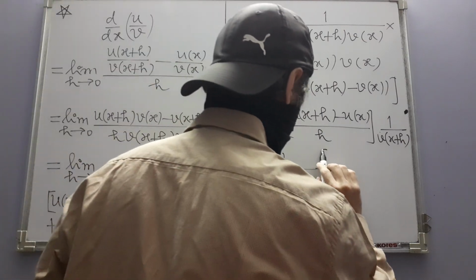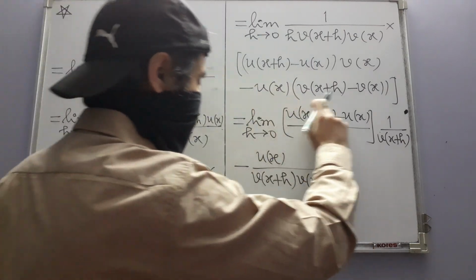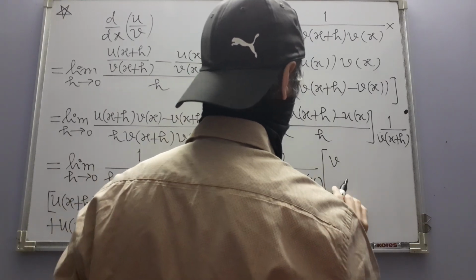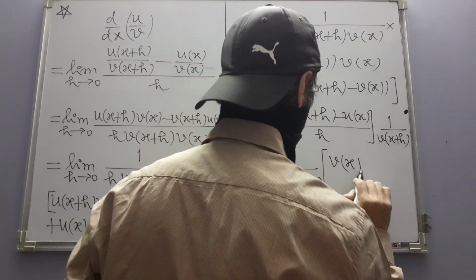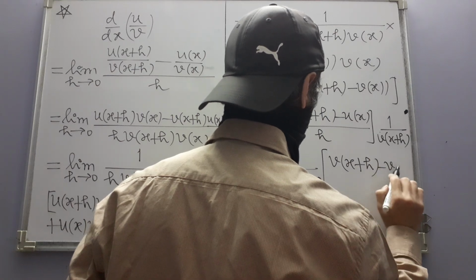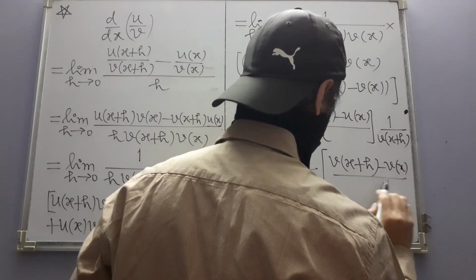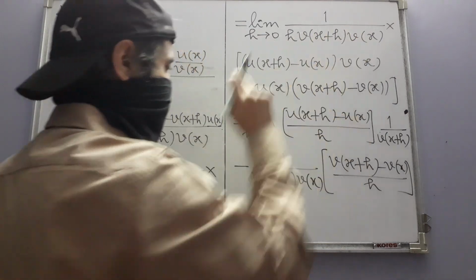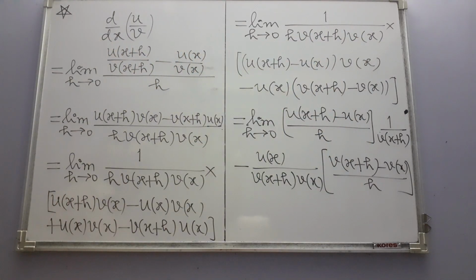Whereas with this difference, we are going to write h in the denominator, because do not forget that besides this and this we also had h.